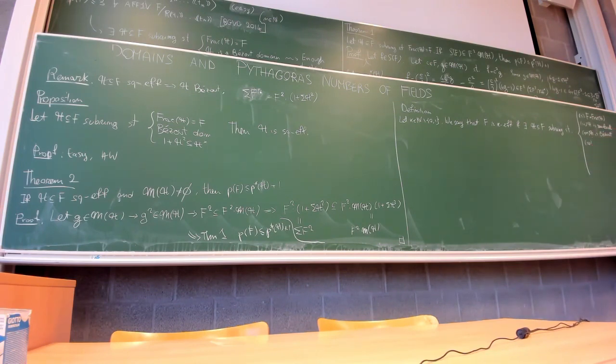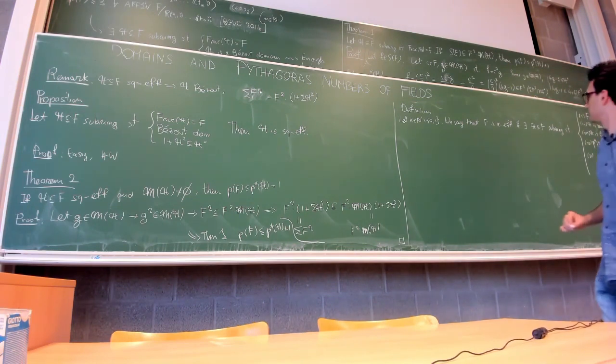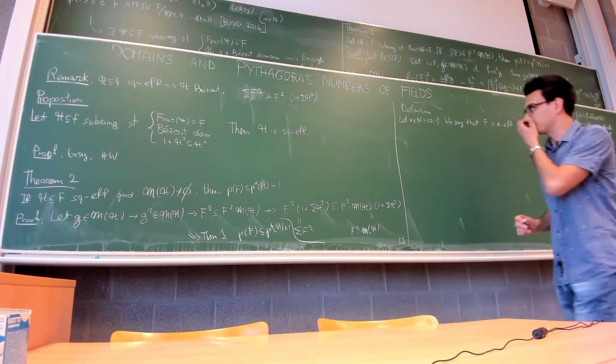Then I want that P star of H is at most k. And finally, that the level of any residue field of H is exactly k. So if I have these 5 conditions on some subring of F, I call my field F k effective.